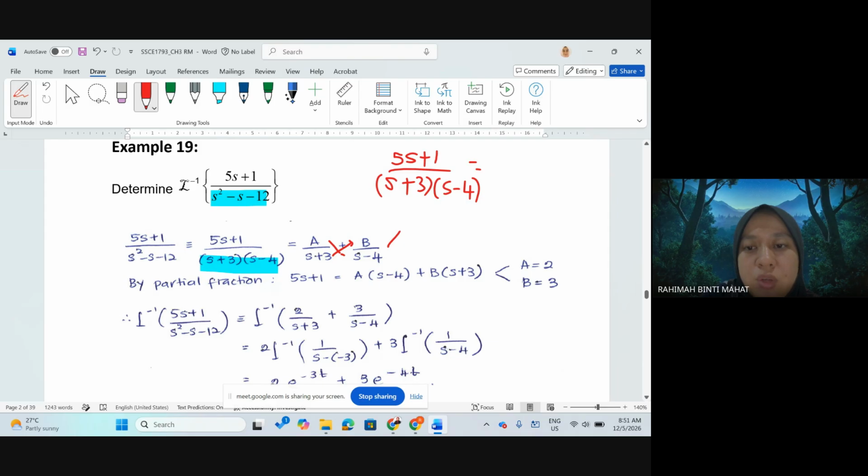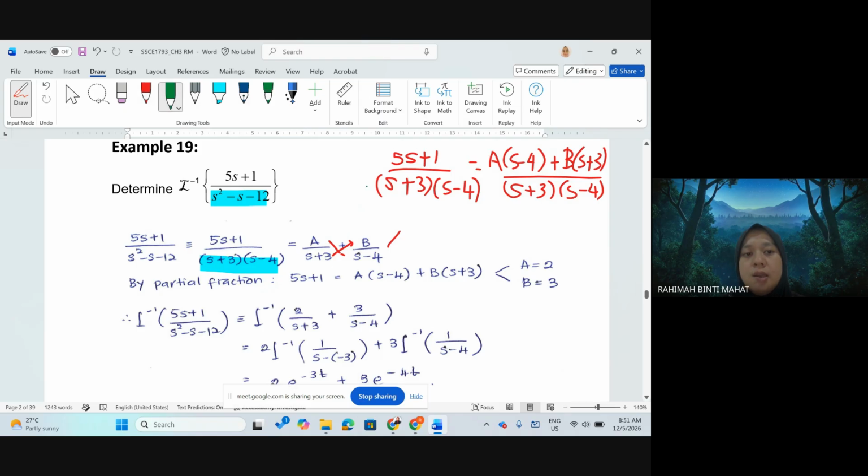You cross multiply, you will get A(s minus 4) plus B(s plus 3) over s plus 3, s minus 4. Actually, you get this one. So from this one, we can see that the denominators on the left hand side and right hand side are equal. So you can just ignore the denominator because both are equal. So you can just take the numerator only. That's why you will get this equation by using the partial fraction.